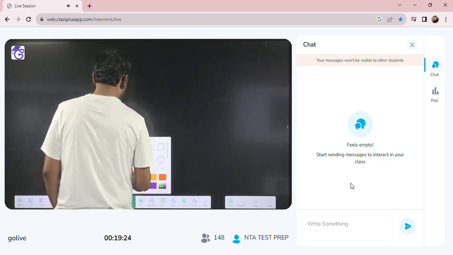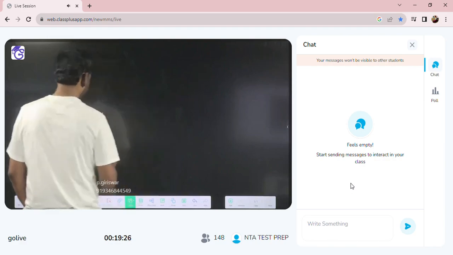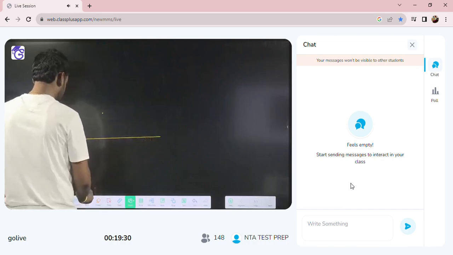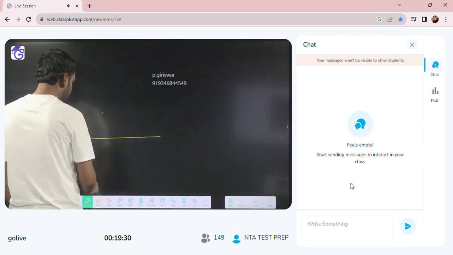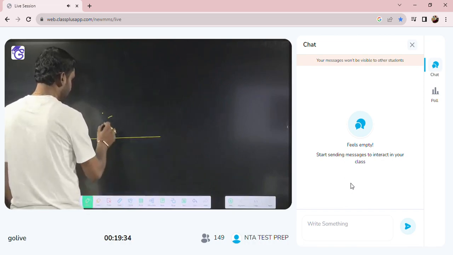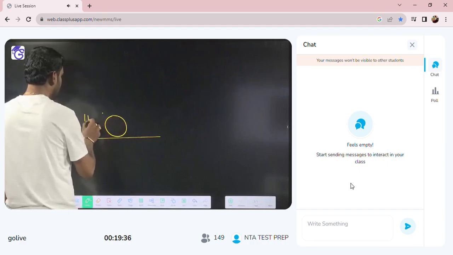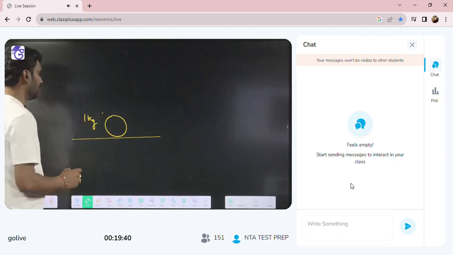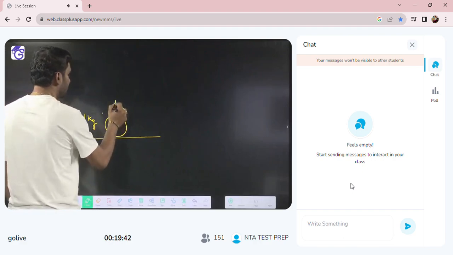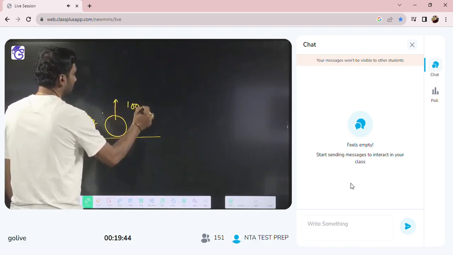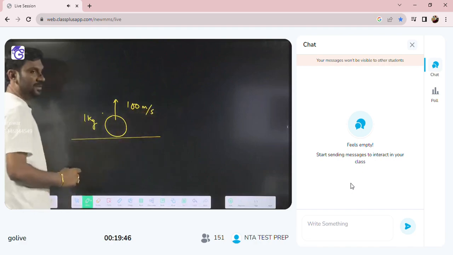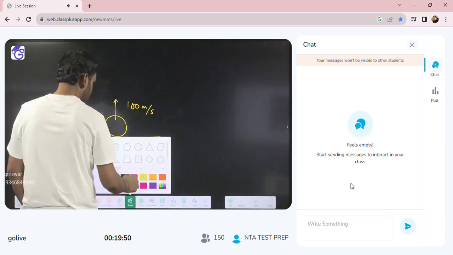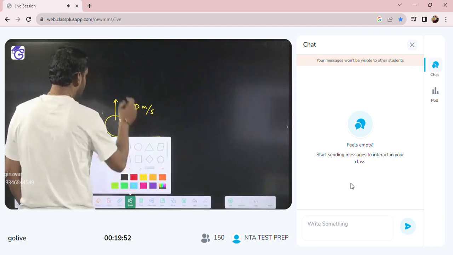Let us work out one example. I'll take this as a reference level. In this reference level, we have one explosive. Suppose this explosive mass is 1 kg, and it is given an upward velocity of 100 meter per second.